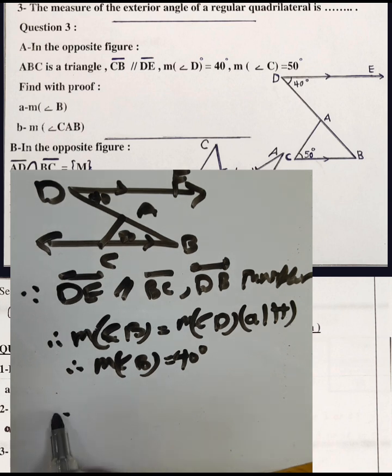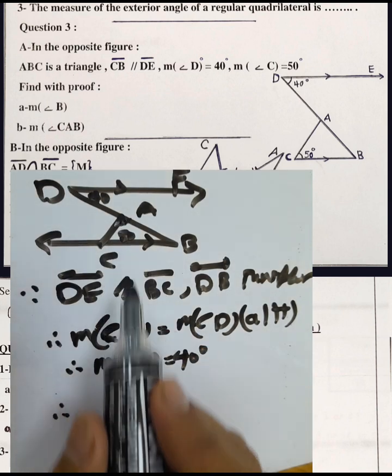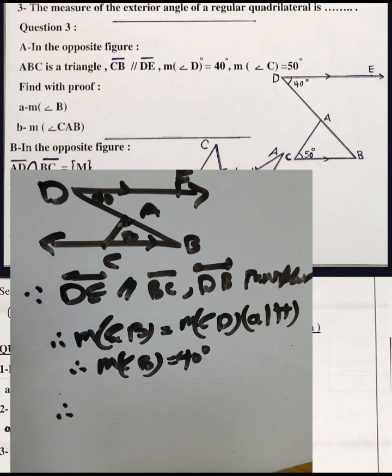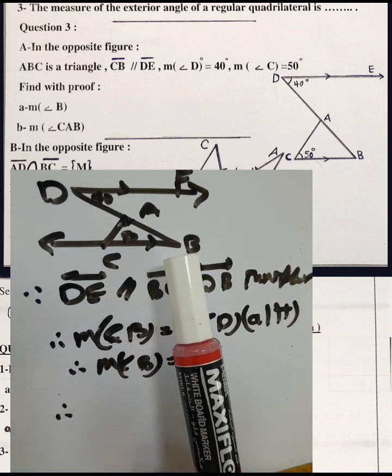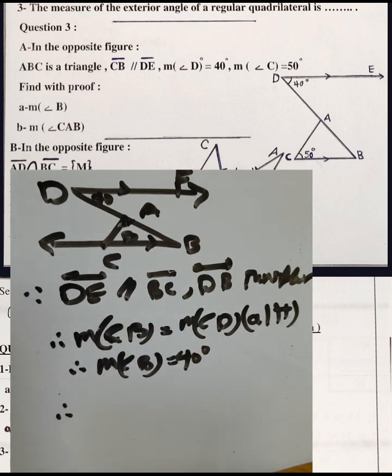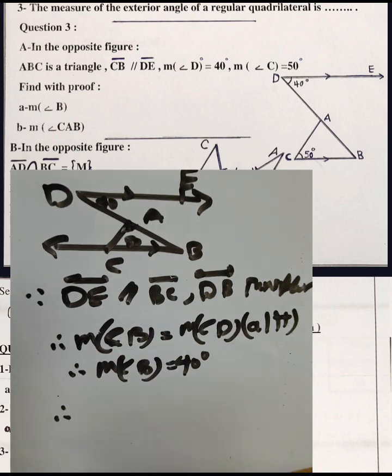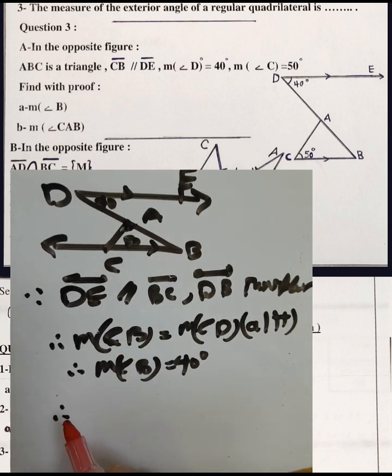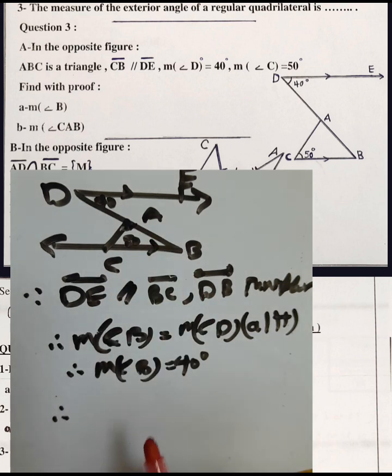And then we can find the measure of angle CAB. This angle, we want to find its measure. We can find the measure of angle CAB by adding 50 plus 40 and subtracting the result from 180, because in any triangle the sum of the interior angles equals 180.